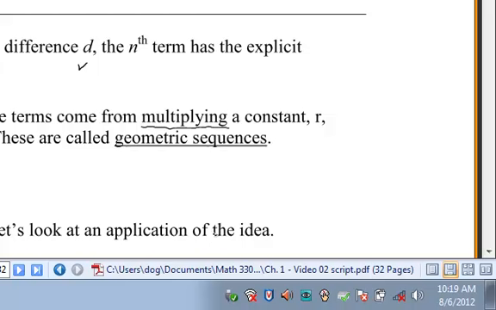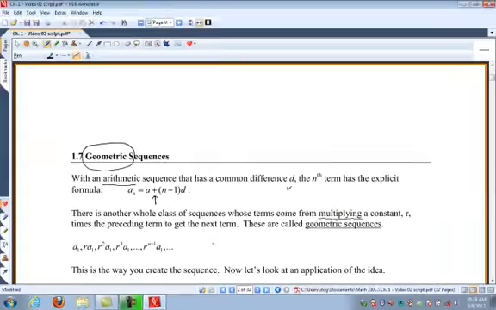These sequences are called geometric sequences. You start with a term, and then you multiply by r, and then you multiply by r again: r squared times the first term, r cubed times the first term, and the nth term equals r to the n minus 1 times a sub 1.